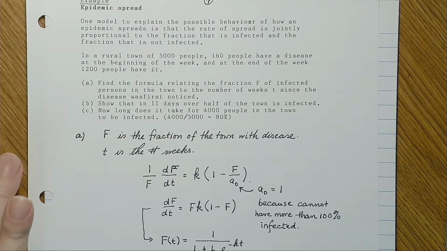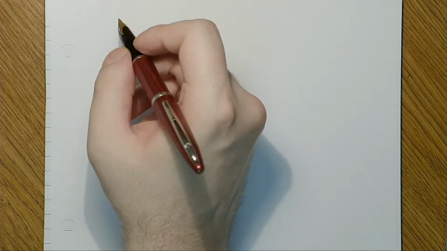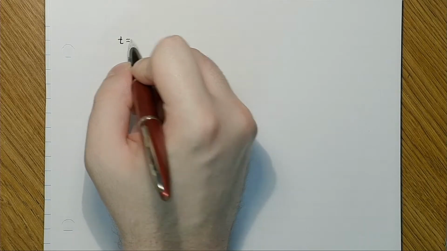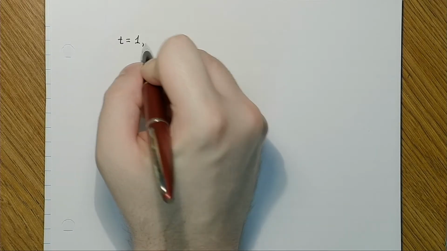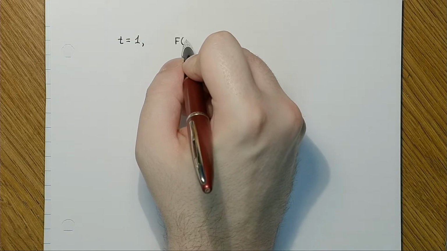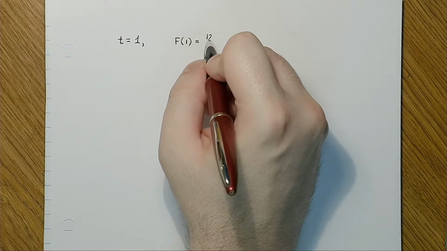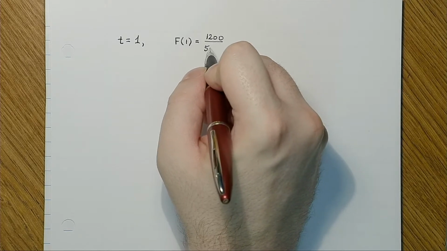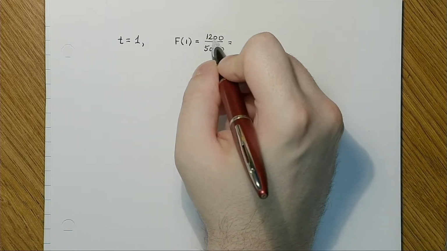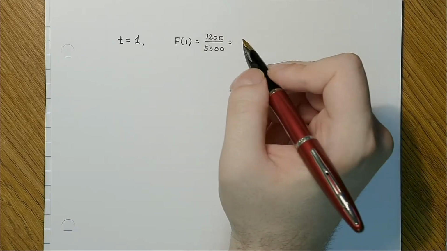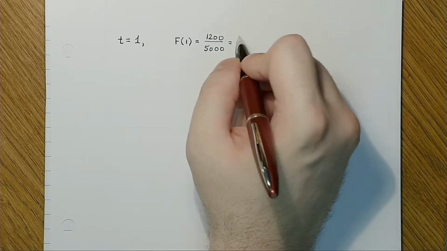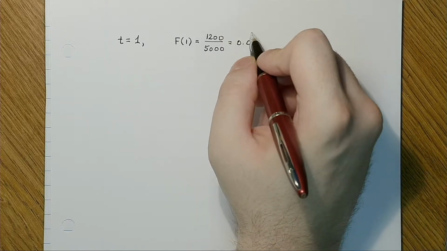So that means, oops, so grab another piece. We're told that t equals 1, that f of 1 is 1,200 over 5,000, or 12 out of 50, doubled, which should be 0.24.